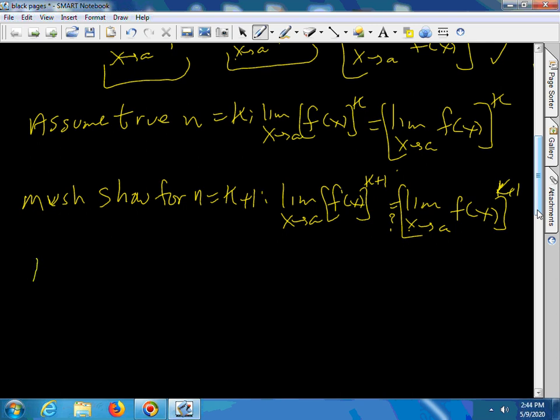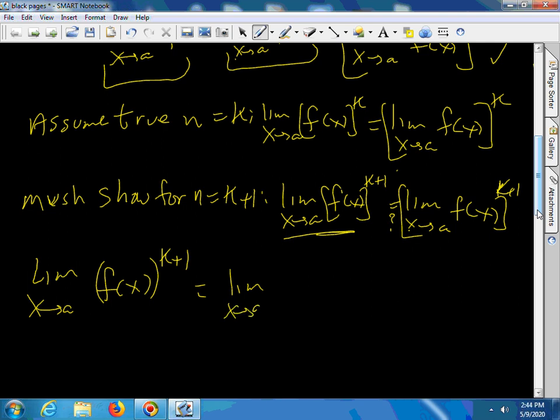Okay, so the limit, let me start off with the left. The limit as x goes to a of f of x to the k plus 1, like, wow, I only know how to deal with k's and the product of 2's. Well, this is the product of two functions.